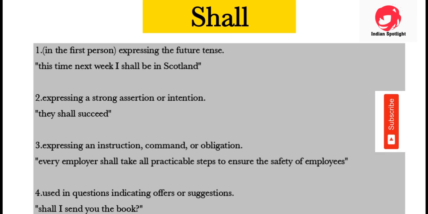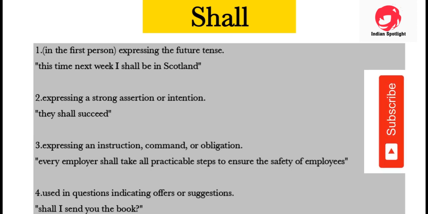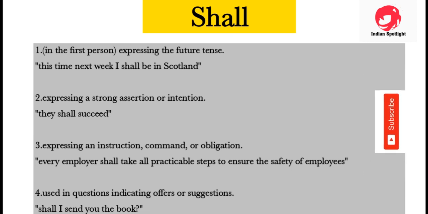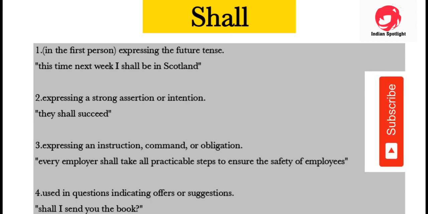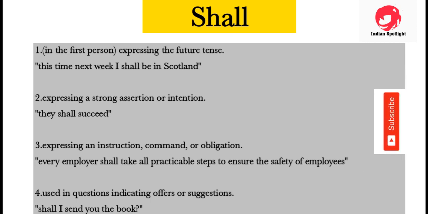Number 2, expressing a strong assertion or intention. Intention here refers to desire. They shall succeed means the person who is speaking is expecting something great. Third, expressing an instruction, command, or obligation.